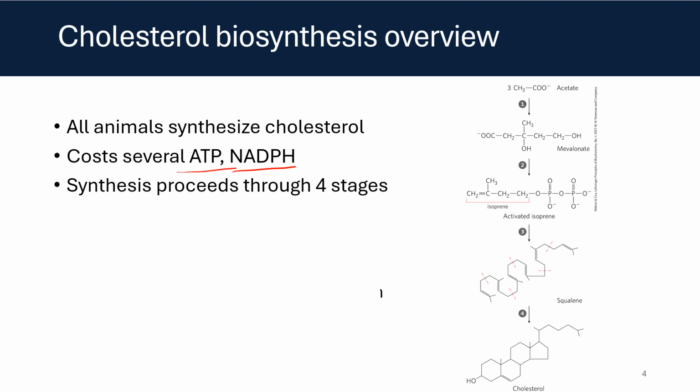And we can basically divide cholesterol biosynthesis into 4 general phases. The first of these 4 phases is called condensation. The goal of this step is to take 3 acetates and condense them into a special molecule called mevalonate.